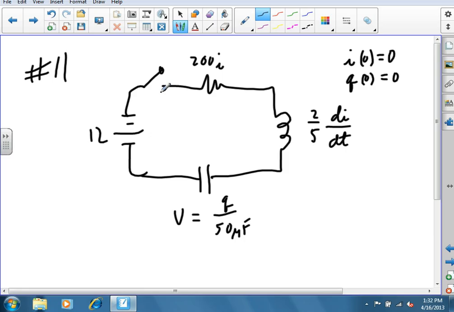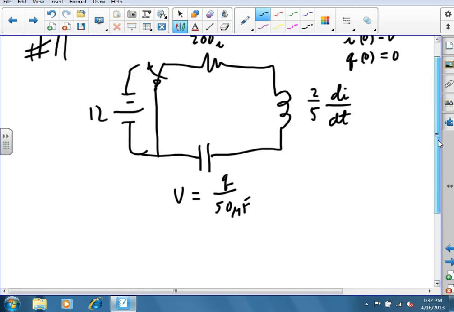So my initial condition is I'm not charged, there's no current going, and then I throw the switch. Right now I'm grounded out, basically, and I'm going to put the battery on later.